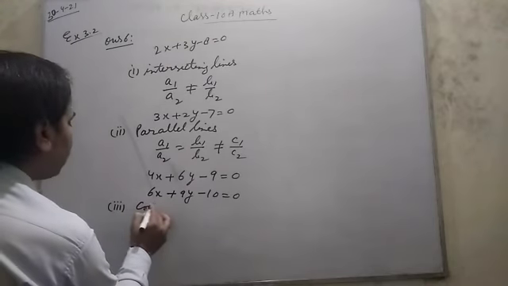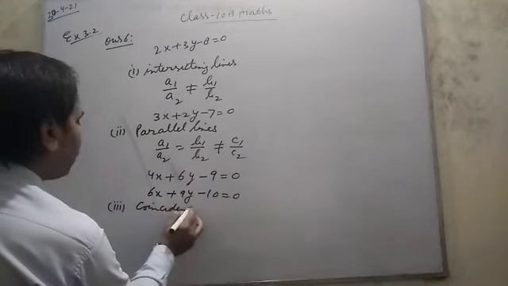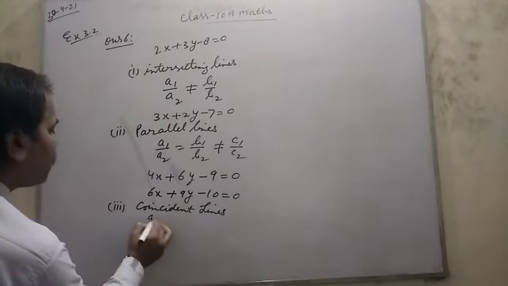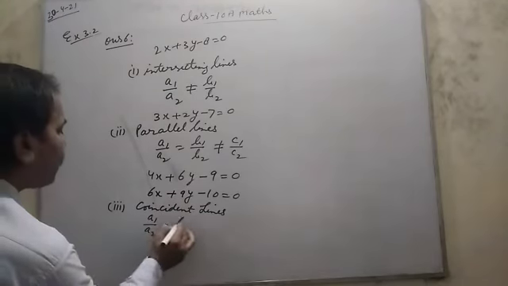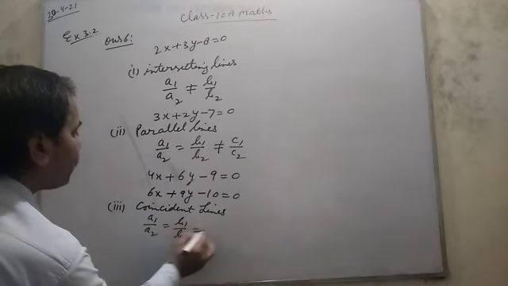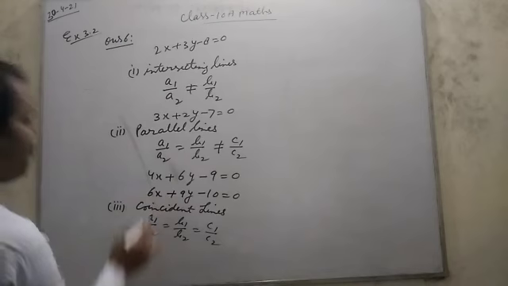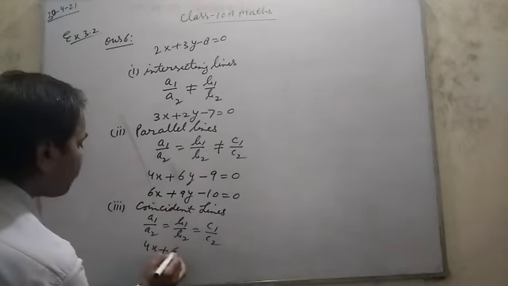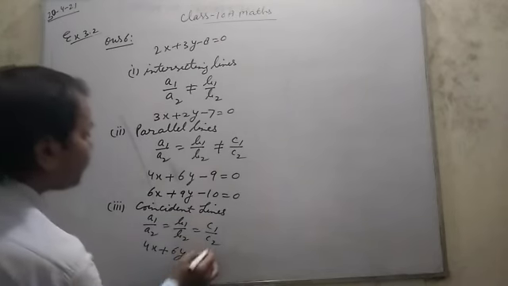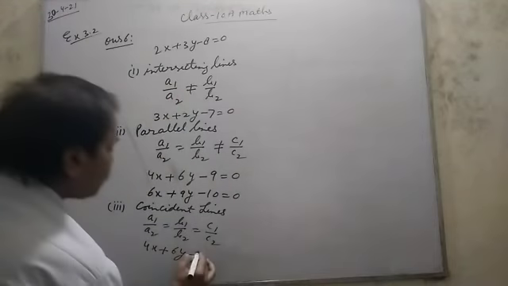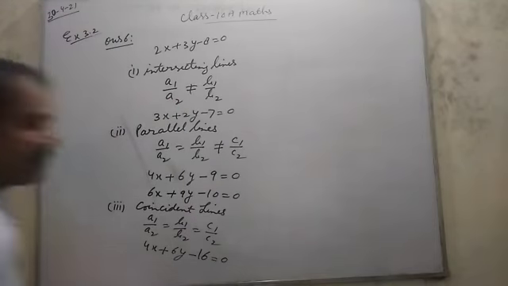Then third, coincident lines. For coincident lines, you know A1/A2 is equal to B1/B2 is equal to C1/C2. Same means 4x + 6y, and this will be minus 16.